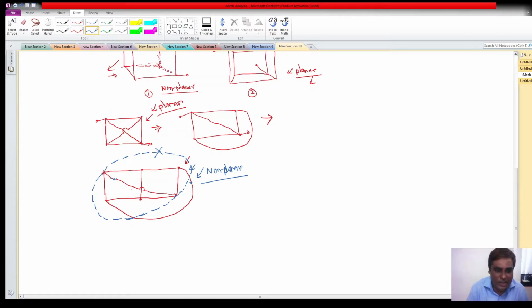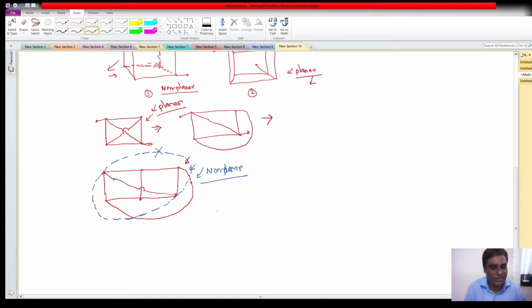In this kind of skeleton it is highly difficult to apply mesh analysis to write the equations. So in short, mesh analysis is applicable only for planar networks, and you will come to know why at the end of this class.